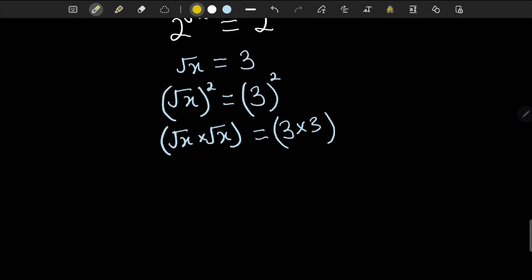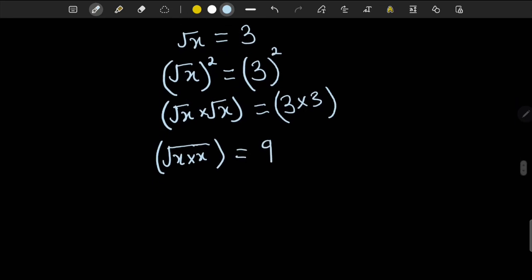Okay, so now with that idea or that rule, we can say that this is the same as this x times x, which is the same as what? 9.